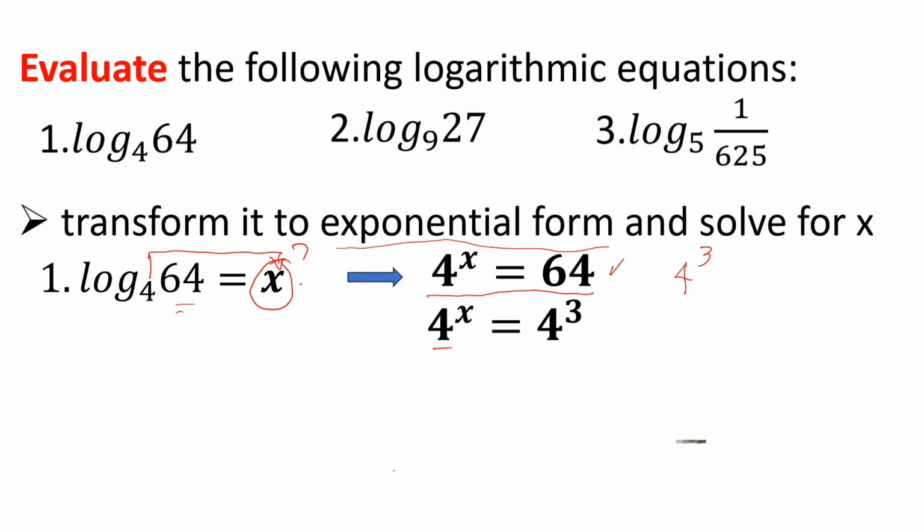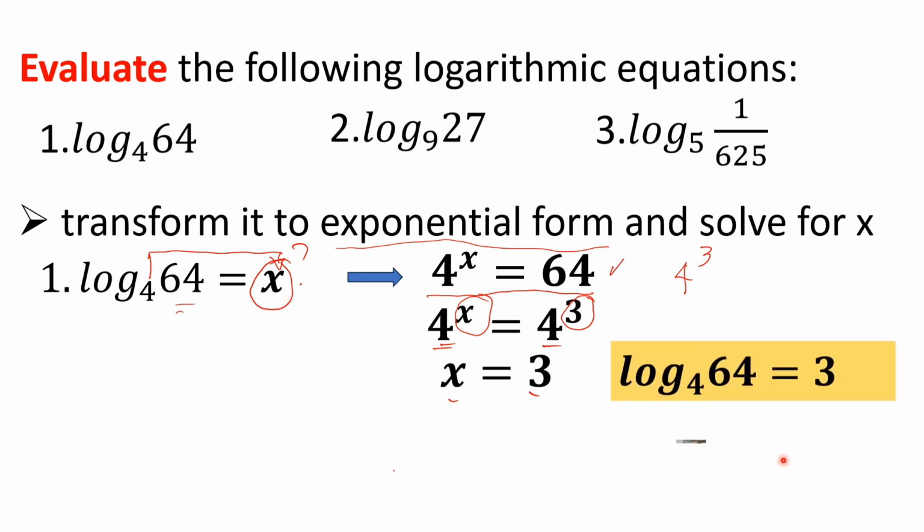Since they have the same base, we can now equate their exponents. We can only equate the exponents if they have a common base already. Therefore, x is 3. Substituting x as 3, the logarithmic equation is log of 64 to the base 4 is equal to 3.